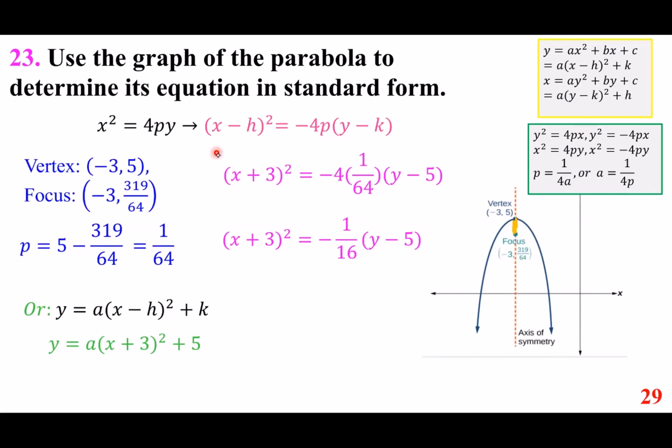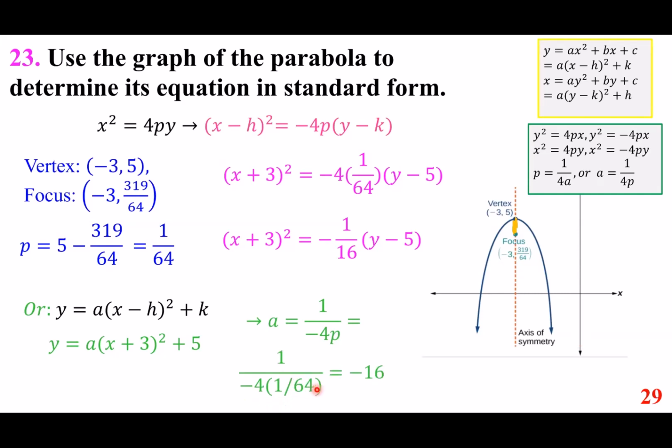We know the relationship between a and p. A is 1 over 4p if it happens to open up or open to the right. Otherwise, a becomes negative. Remember, this opens down. A must be negative. So a is 1 over minus 4p.